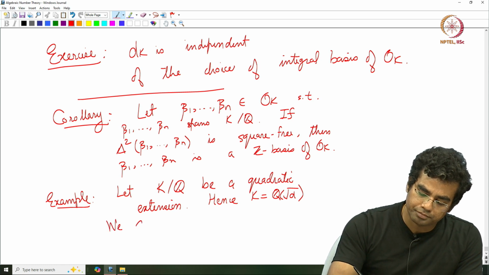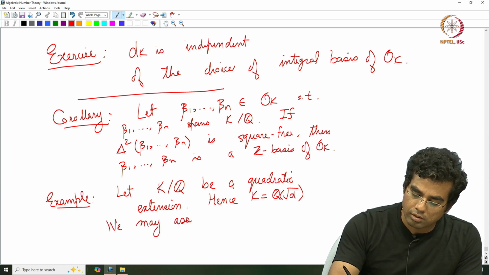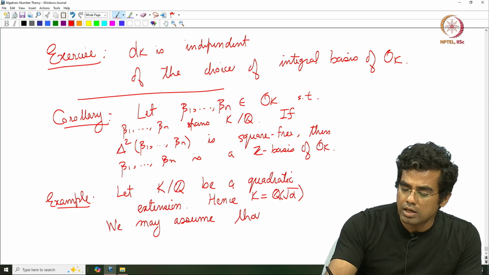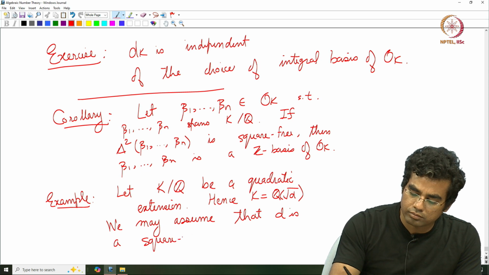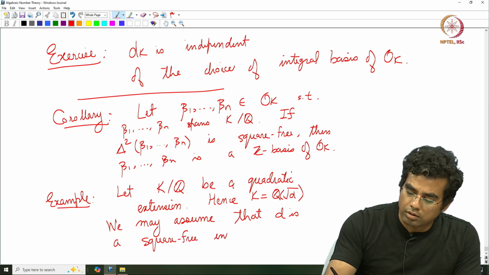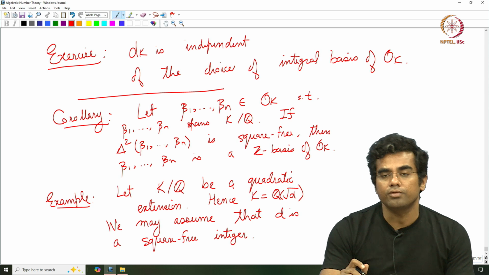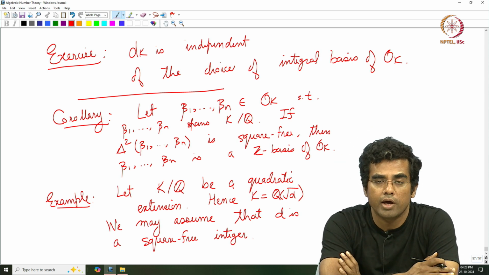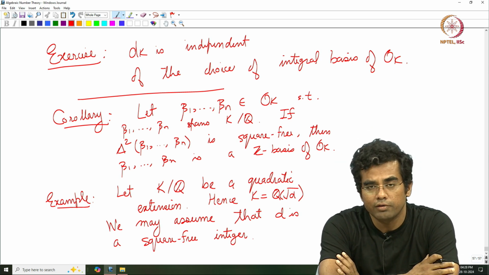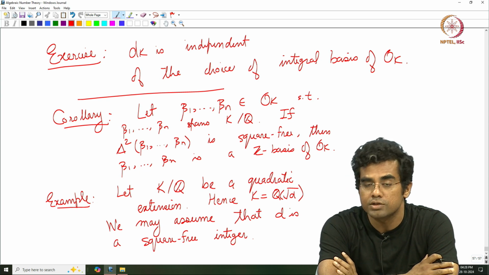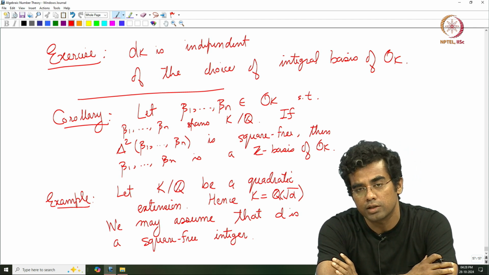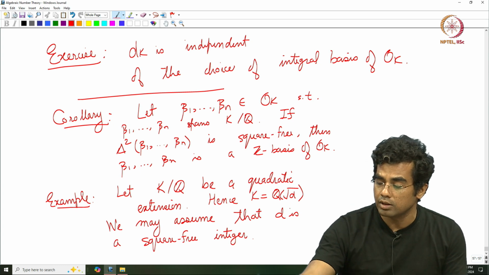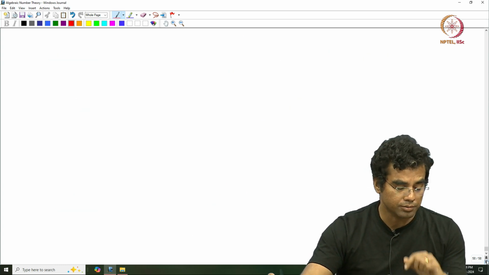We may assume that d is a square free integer, right. Any quadratic extension of Q is obtained by adjoining the square root of a rational number, but we can clear out the denominators and we can assume that it is a square root of an integer, and of course, we can take away whatever squares there are dividing this d, and so we can assume that it is a square free integer. This is a useful assumption.